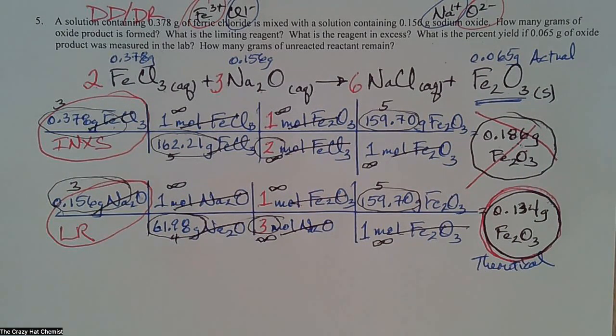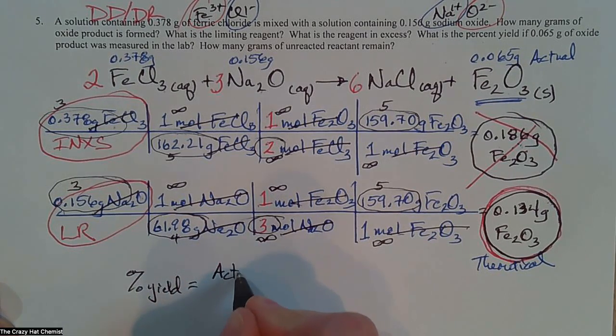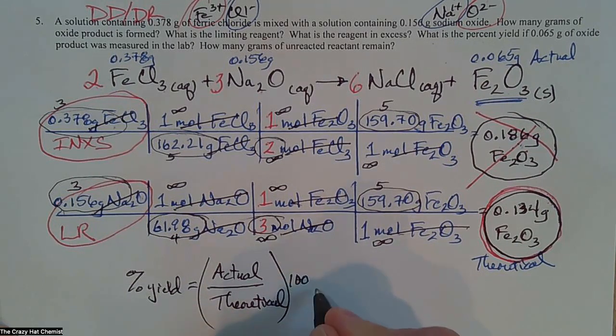Okay, so now we're going to do the next simple step, and the next simple step is actually to determine the percent yield. So the percent yield is going to be the actual over the theoretical. And since I want a percentage, I'm going to multiply that by 100.